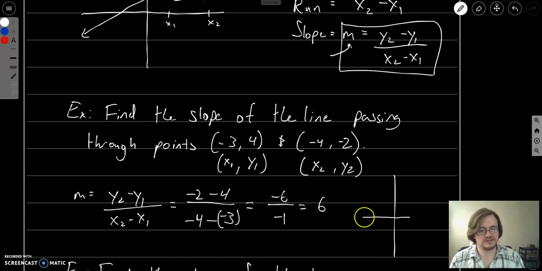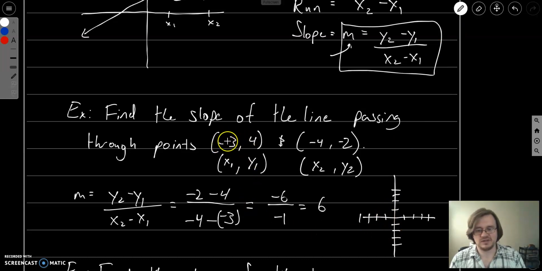If we graph this, this isn't very to scale, but hopefully it won't matter.